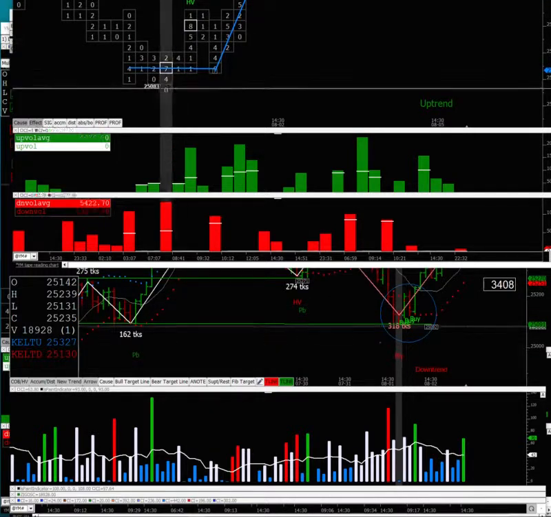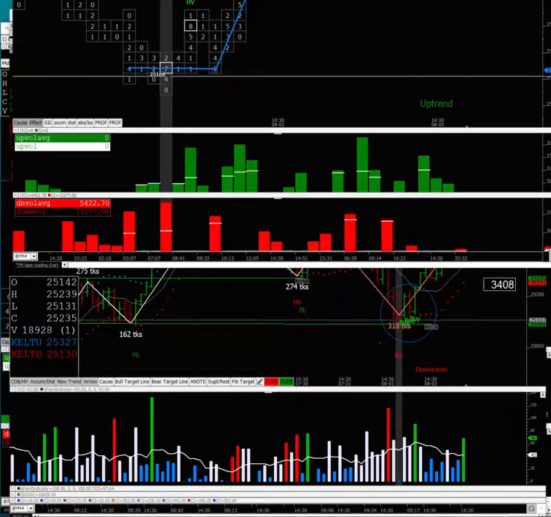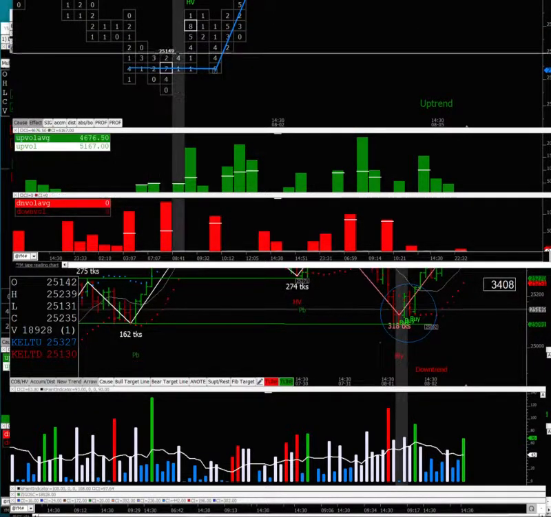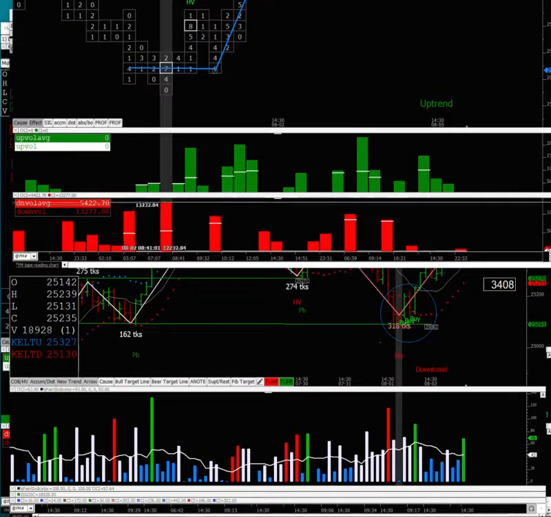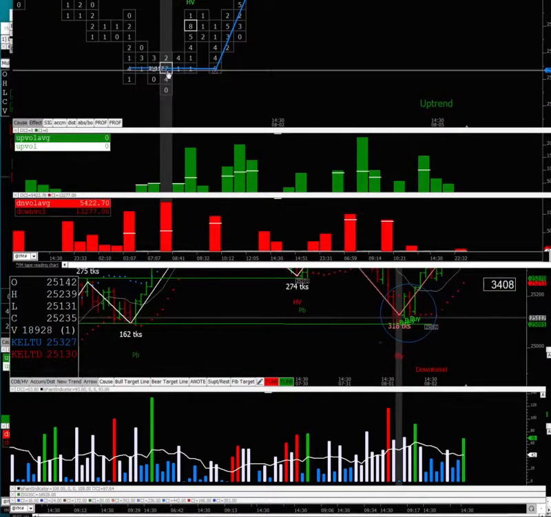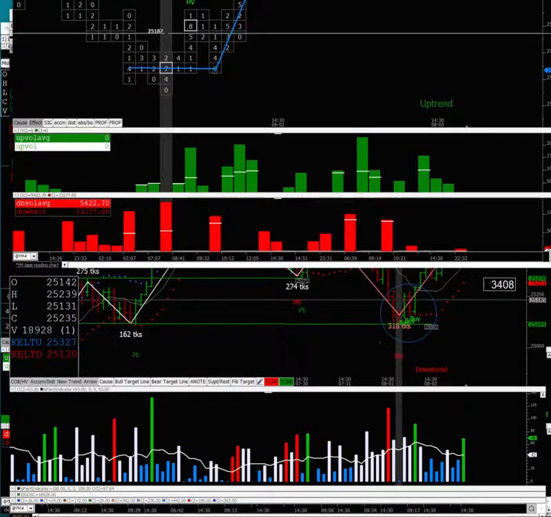What happened is you had average volume of, okay, this down volume is the bag holding. You have a hell of a lot of volume here. The down average volume was 5,422, and down volume was 13,000.